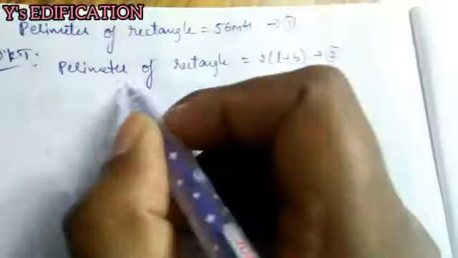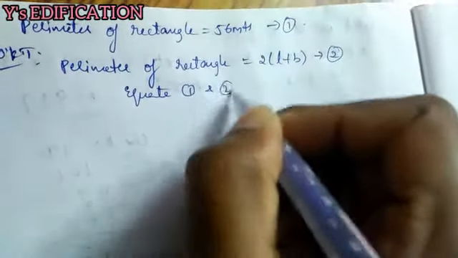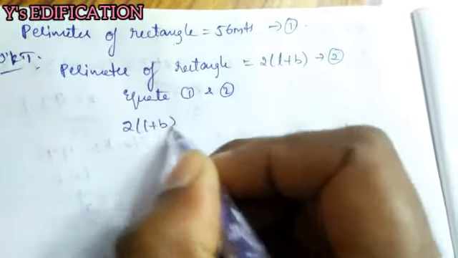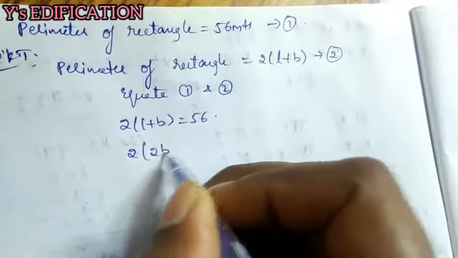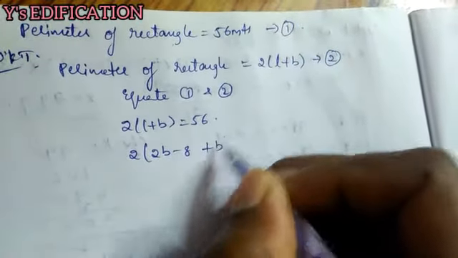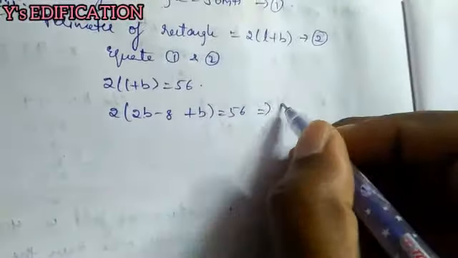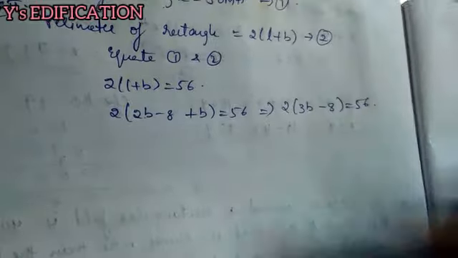This will be equation 2. Now equate 1 and 2, because both are the perimeter of the rectangle. So 2 into (L plus B) is equal to 56, where L is 2B minus 8 and B is B. 2B plus B is 3B, so 2 into (3B minus 8) is equal to 56.